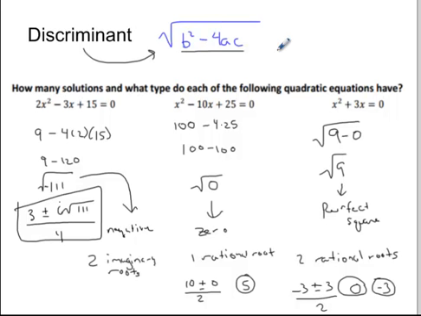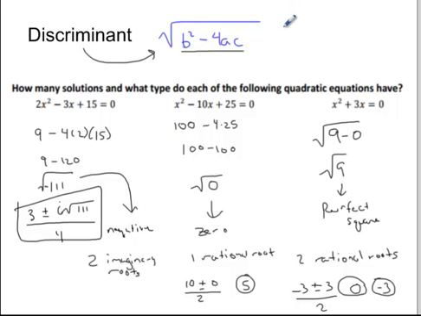There's one more that isn't covered here. If I got a number that wasn't negative, but it was like the number 111, then I would get something that was positive but not a perfect square. In that case, I would get 2 roots, but they would be real. So let's see.